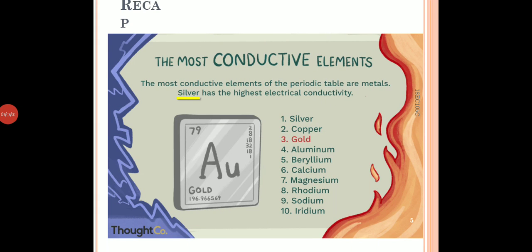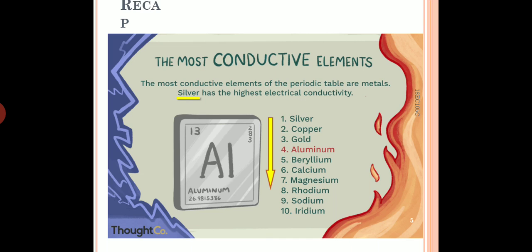So let us recap further and see what we have learned till now. Here we are trying to see the most conductive elements that are available. The materials are listed in order of conductivity. The top one is silver, which is underlined on the left side. So silver is the best conductive element.